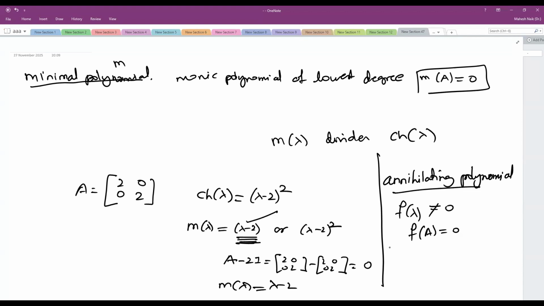Sir, can you explain annihilating polynomial with examples? Yeah. So this is any other polynomial.